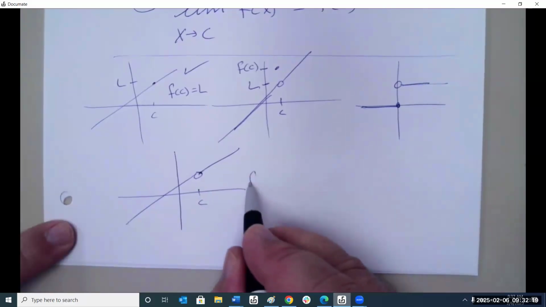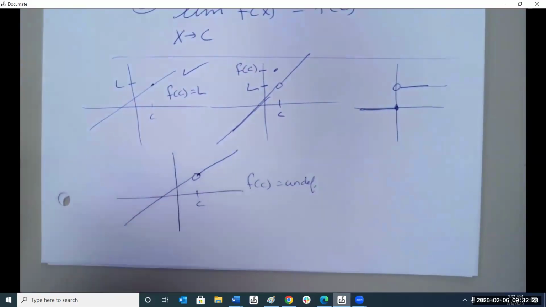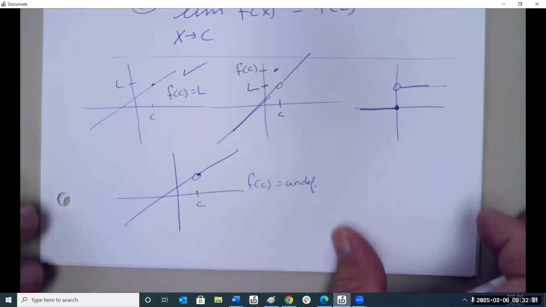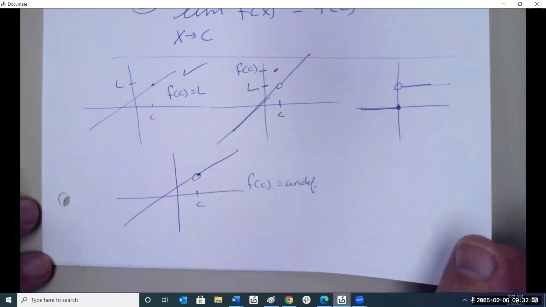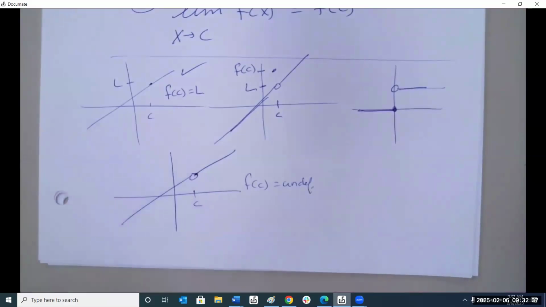Yeah, f of c is undefined. It doesn't exist anywhere. There is no f of c. So we've looked at some points where it's discontinuous, where it doesn't exist.